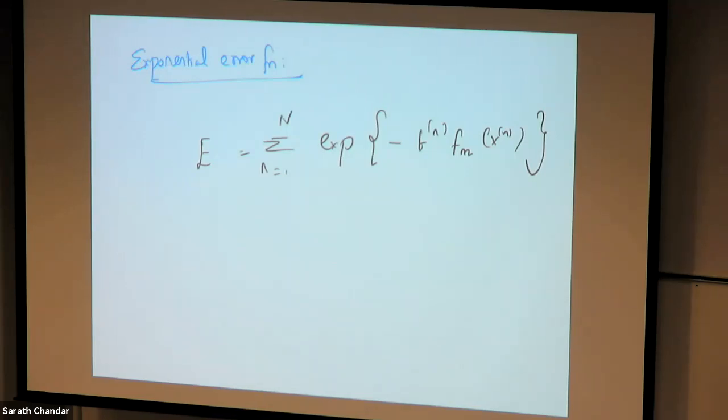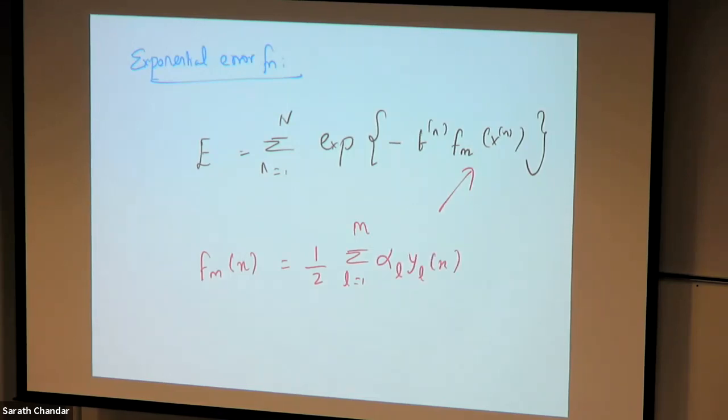Where this f_m of x_n is my boosting classifier. So f_m of x is given by 1/2 summation l is equal to 1 to capital M alpha_l y_l of x. And we also know that t_n belongs to {-1, +1}. Is that clear?